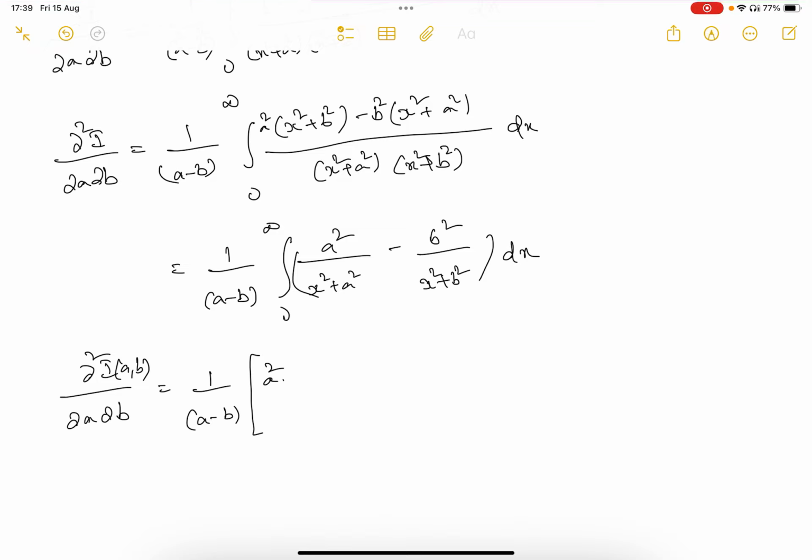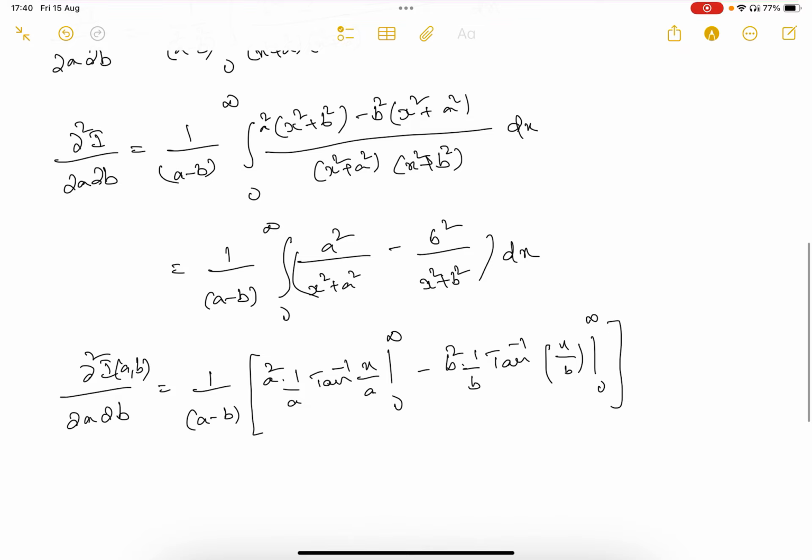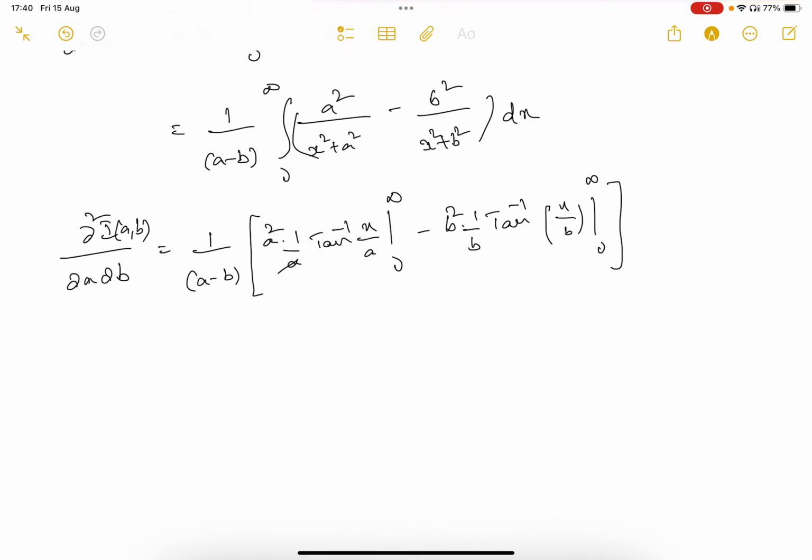Then 1 by x square plus a square integrates to 1 by a tan inverse x by a, integral 0 to infinity. Similarly for this case, minus b square into 1 by b tan inverse x by b. Integral limits are 0 to infinity. So this a will get cancelled. Here the b will get cancelled.